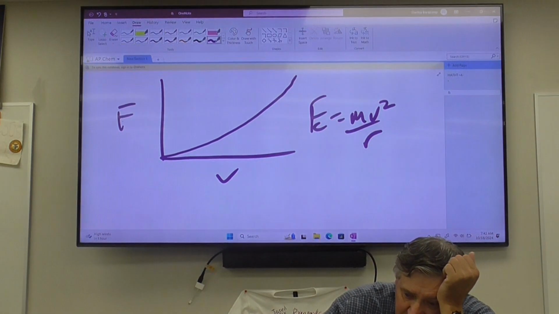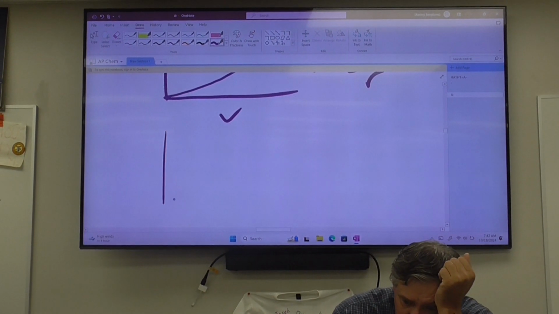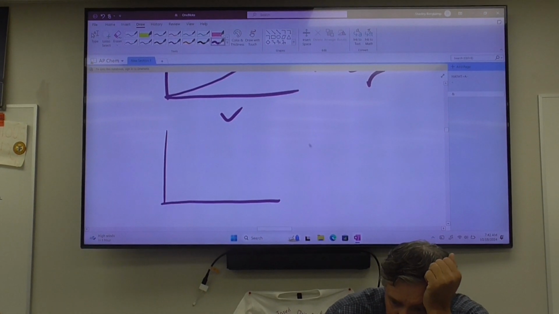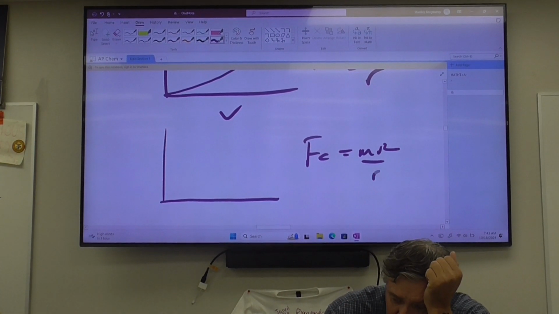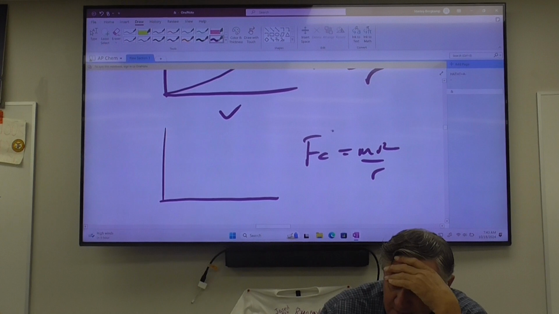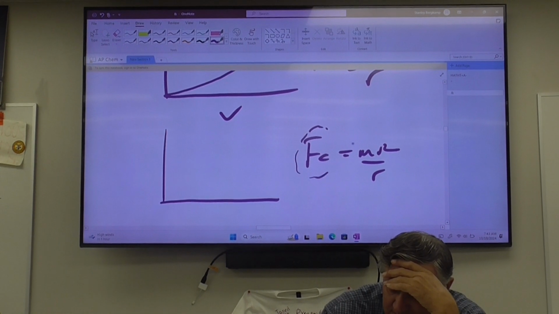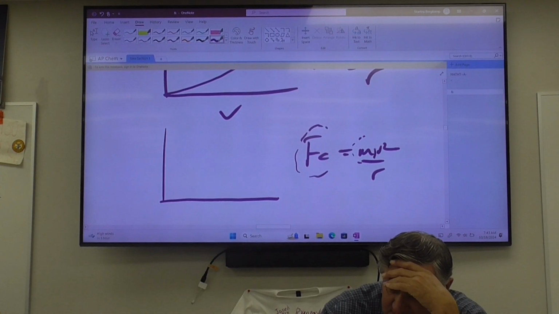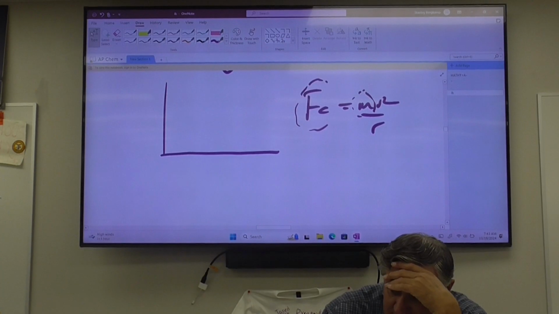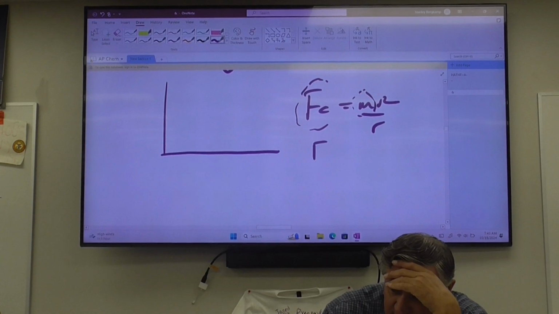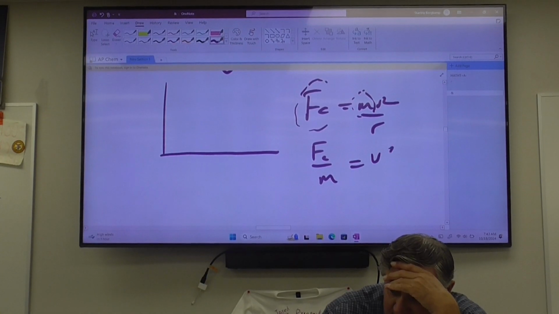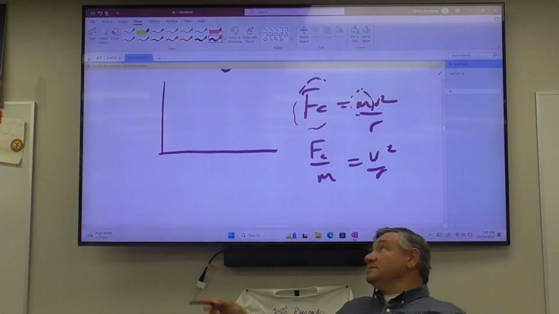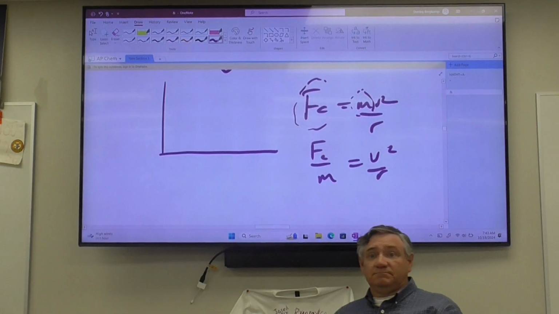Now, the second set of data. When you look at centripetal force equaling mv squared over r, this one you kept the centripetal force the same, and you kept the mass of the stopper the same. So if you wanted to, you could take that centripetal force divided by the mass and then get v squared over r. So this would be your constant, okay?